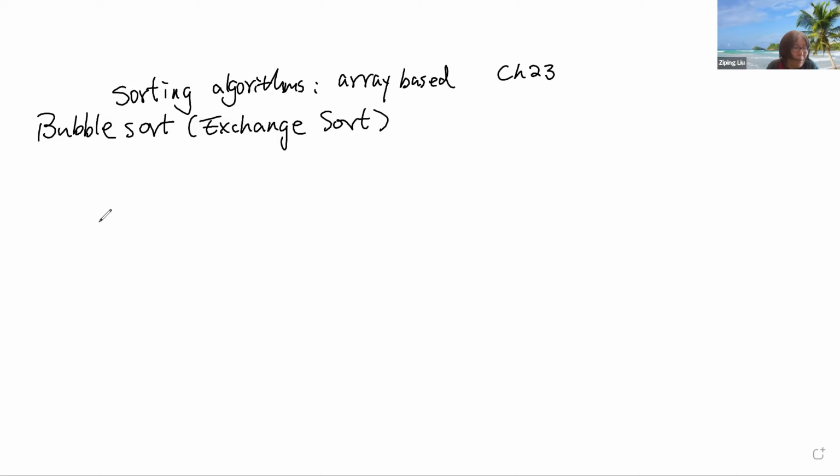So let's use a sequence of numbers to explain how it works.